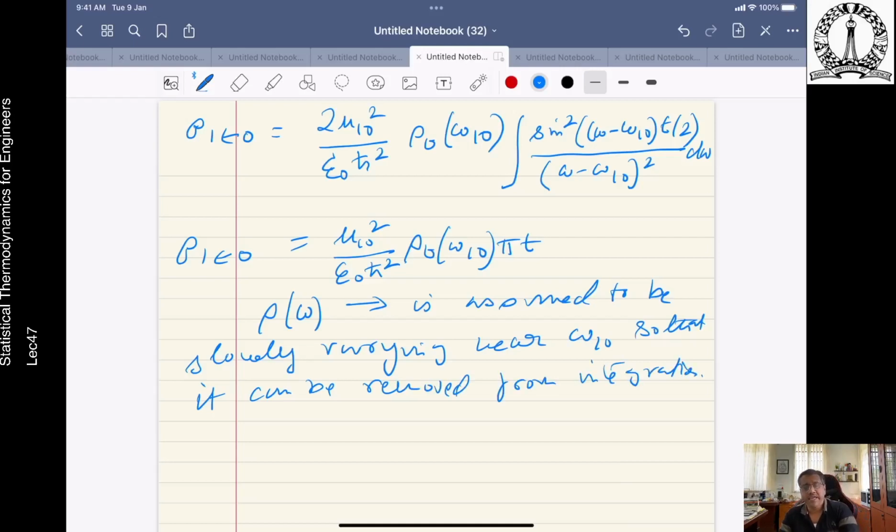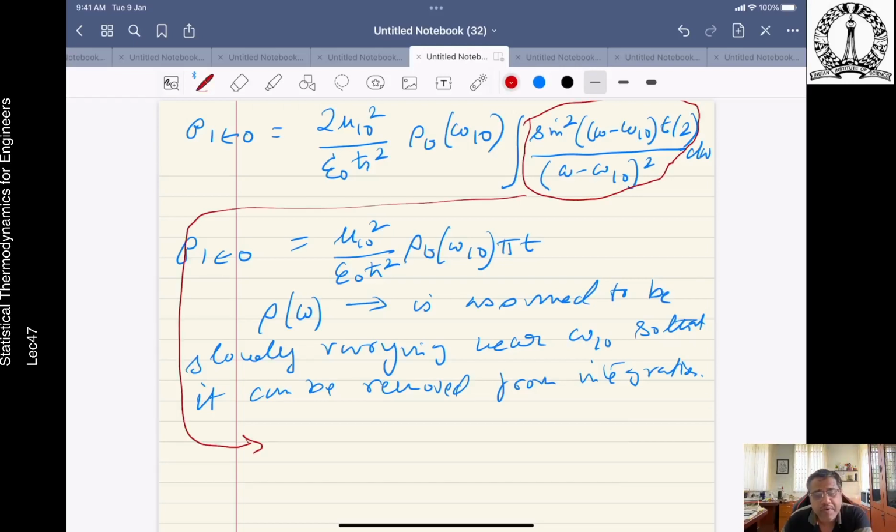This is indeed the case because the sine square term is sharply peaked at omega equal to omega 0.